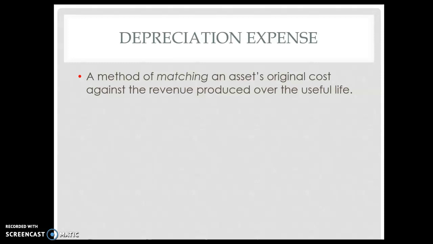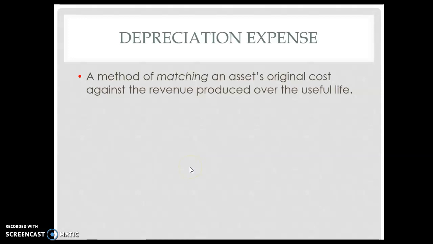Expenses are those things we use to help us produce revenues. So we're using this equipment to help produce revenues for the business, and so we need to match the use of that equipment so that depreciation expense is a match of that.